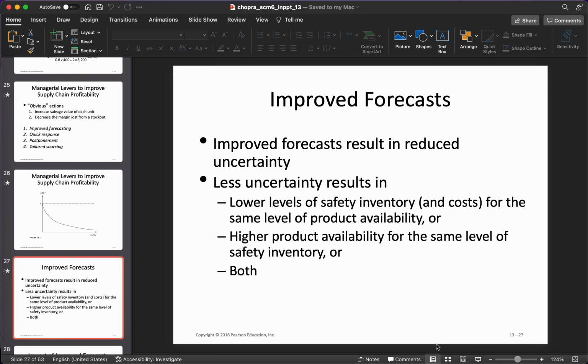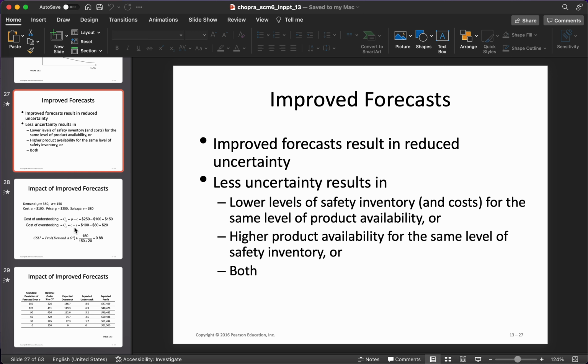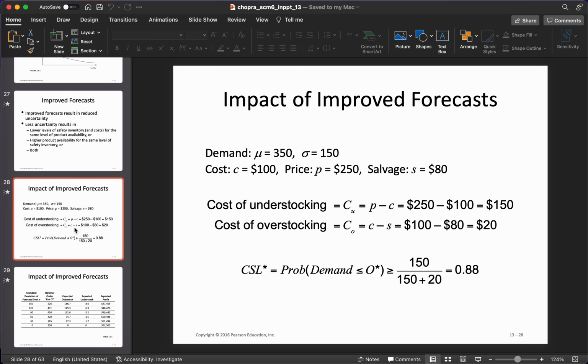It increases the product availability for the same level of safety inventory, or it can potentially do both. So it can either lower the levels of safety inventory or increase product availability or do both. And in the example that we'll see, you'll notice that it actually ends up doing both of those things, right? So let's talk about improved forecast.